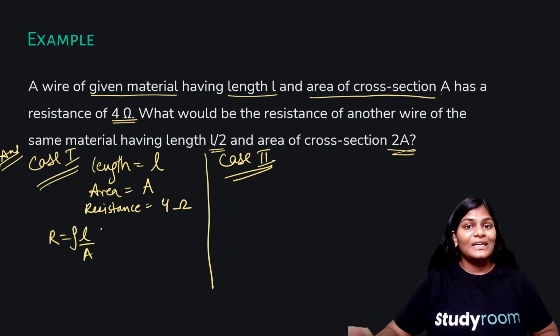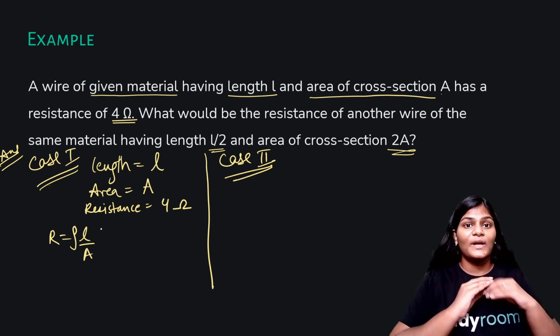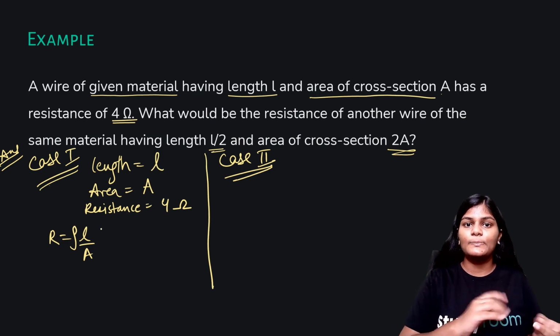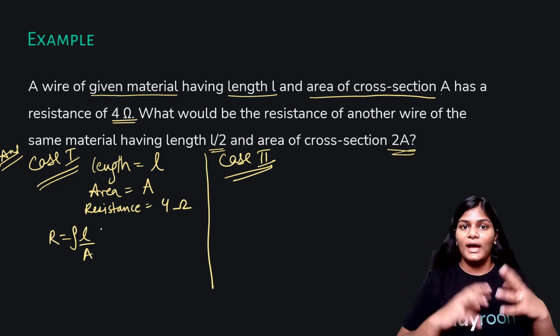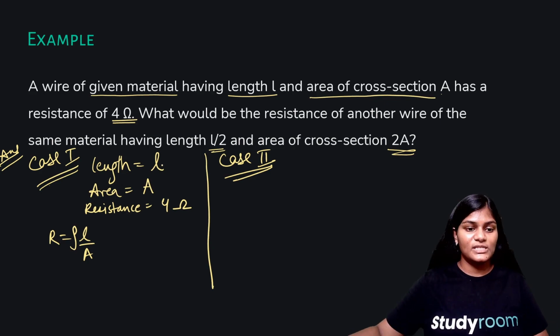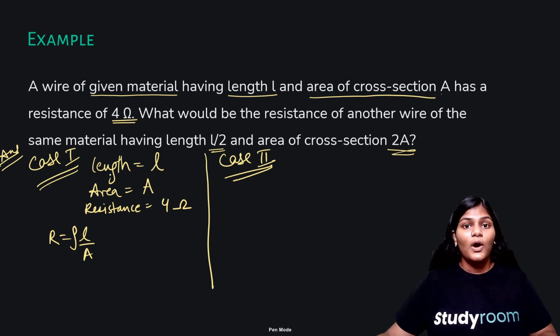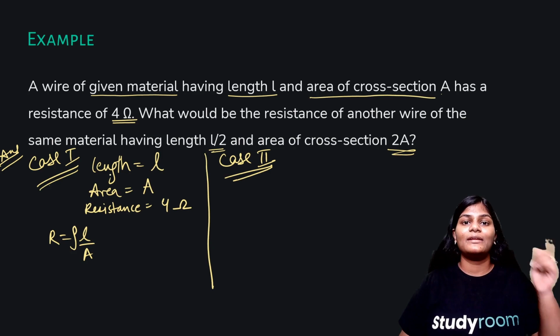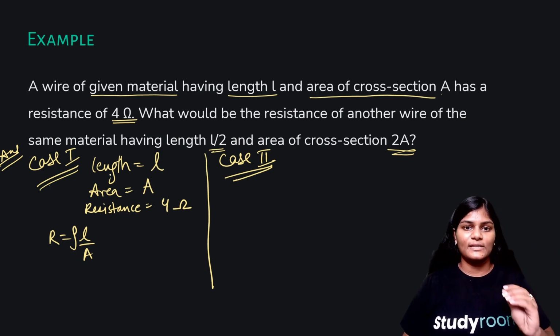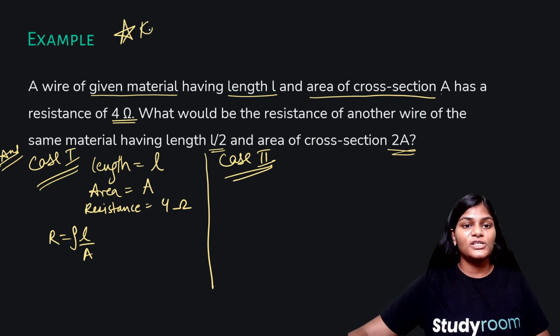Now, the thing that we have to keep in mind is the resistivity. What we had said, resistance depends upon length, area, all of that. But resistivity of the material, which is this P-like looking symbol, only depends upon the material and the temperature. That is something that you have to remember. That is the key takeaway from this question.